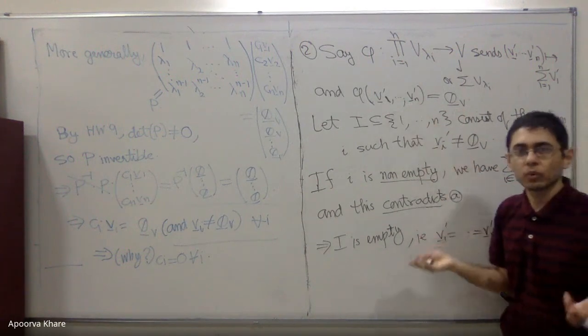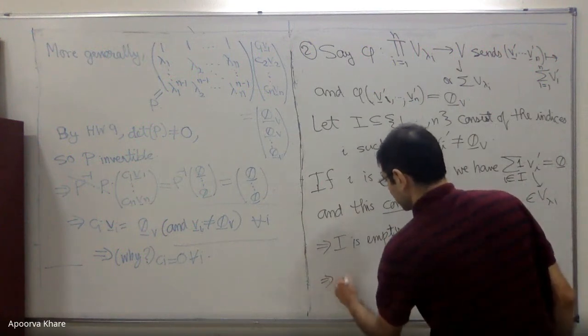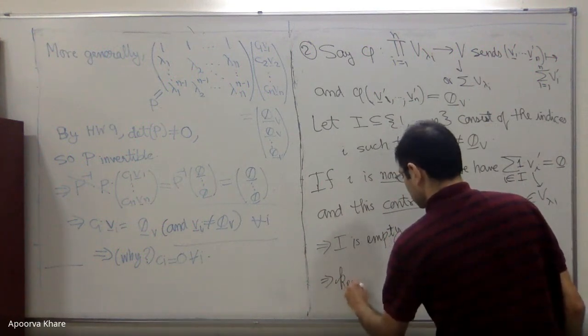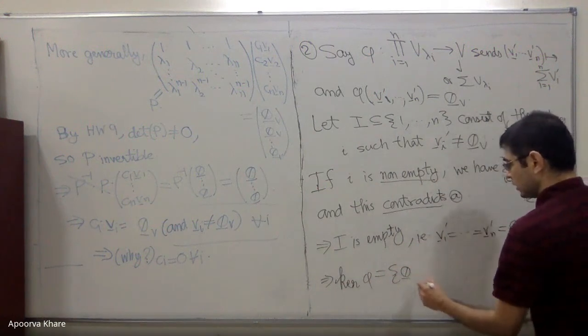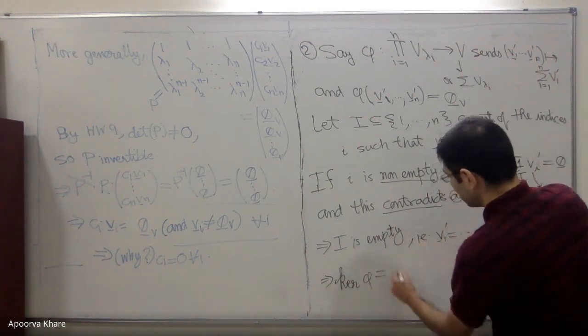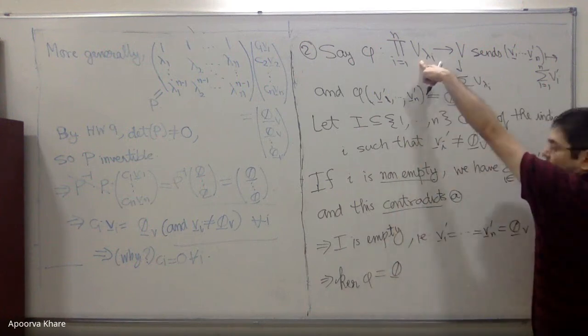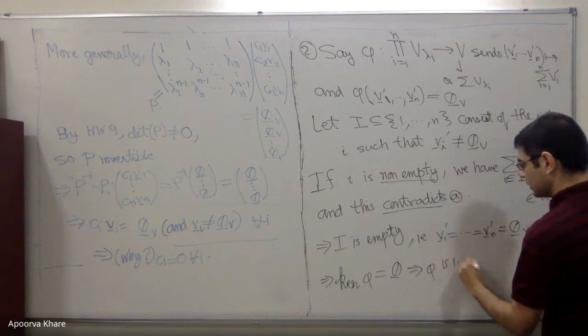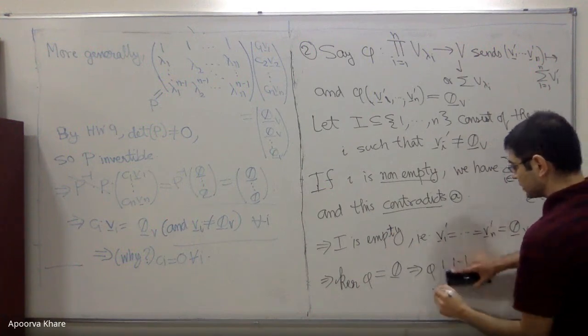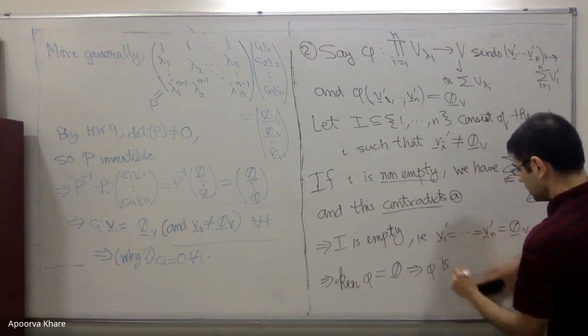So the kernel is 0, therefore phi is injective. Is 0 in this space? And phi is linear, so phi is injective. That was the proof.